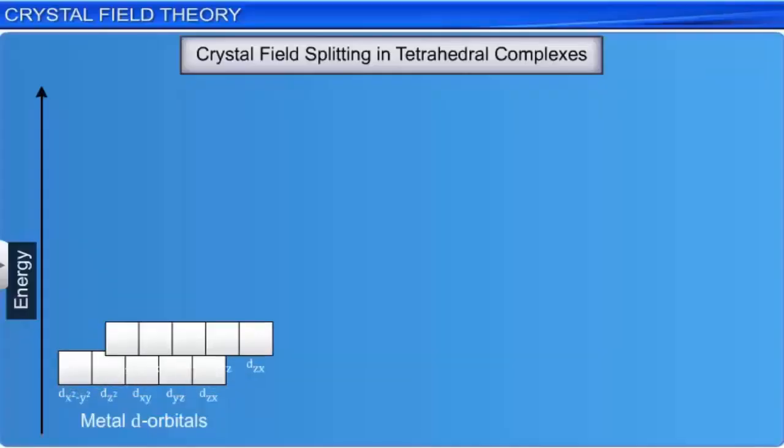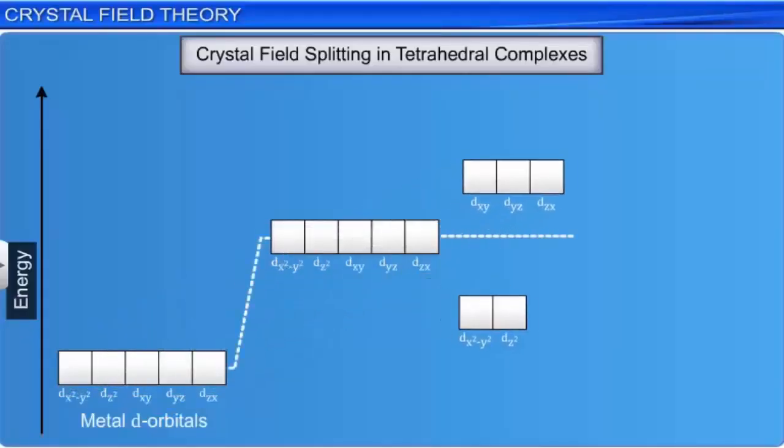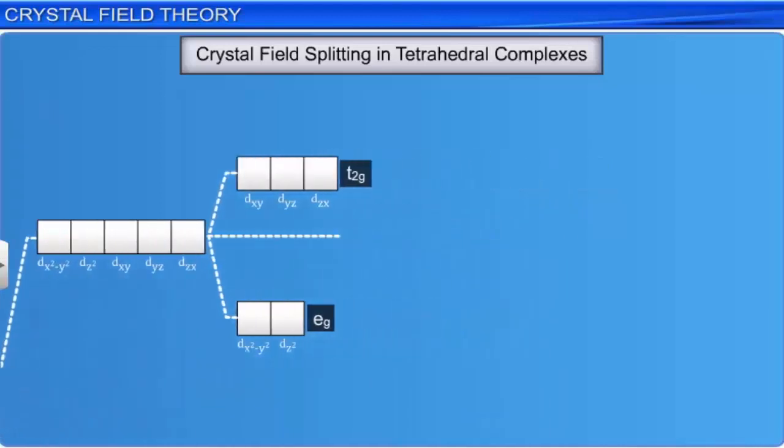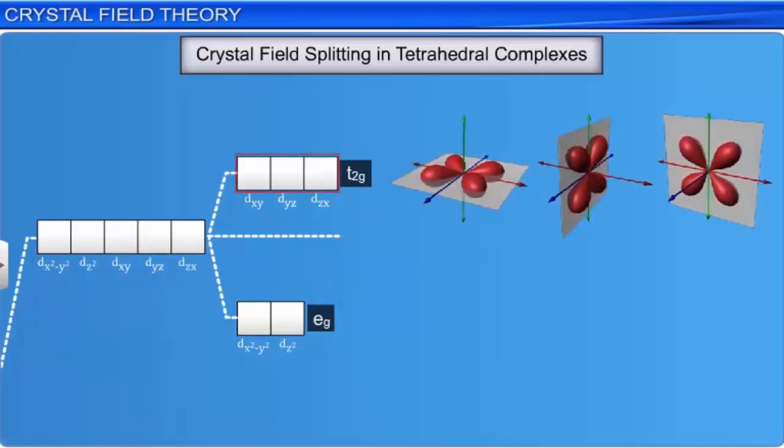Now, let's look at the crystal field splitting in tetrahedral complexes. The approach of the ligands in a tetrahedral field is as shown in the figure. You can observe from the figure that the ligands interact more with the t2 orbitals than the e orbitals lying between the axes.